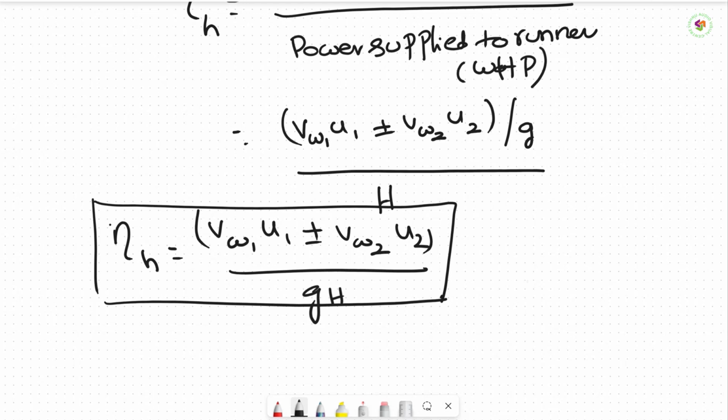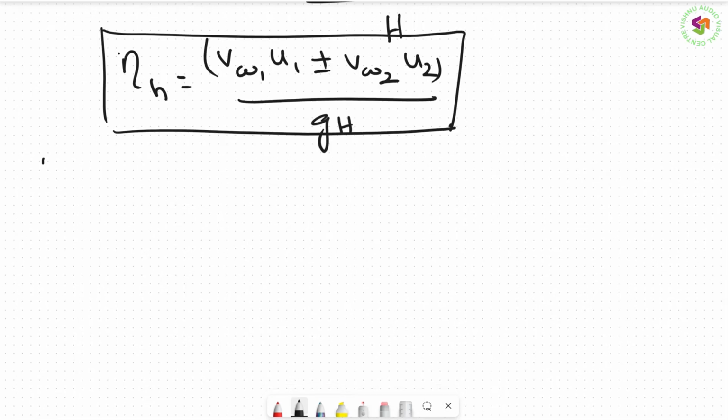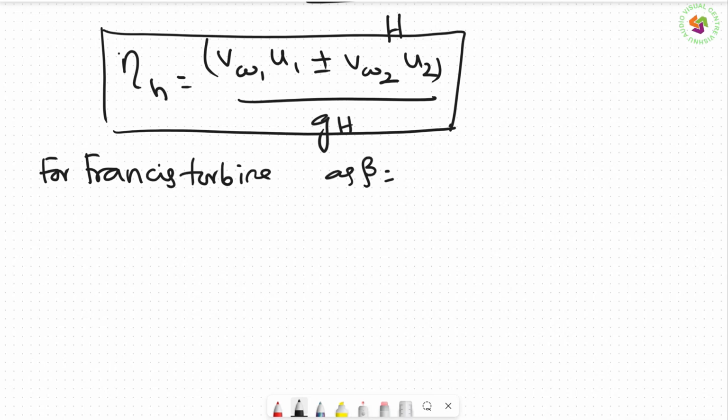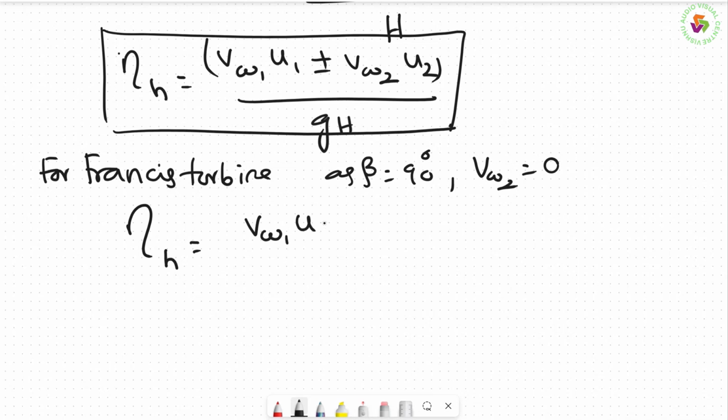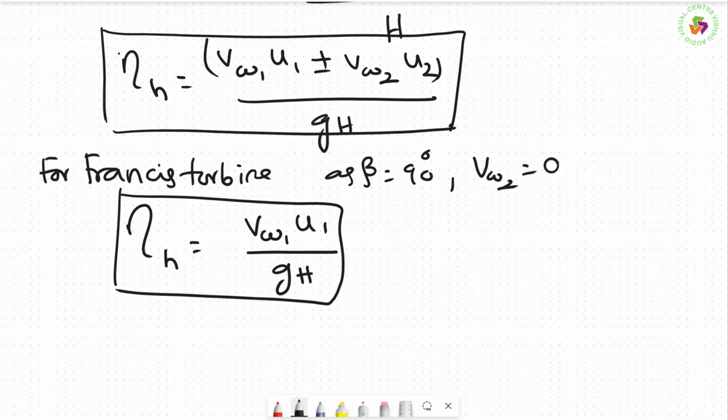For Francis turbine, as beta is equal to 90 and VW2 is equal to 0, hydraulic efficiency is equal to VW1 U1 by gH. Very, very important.